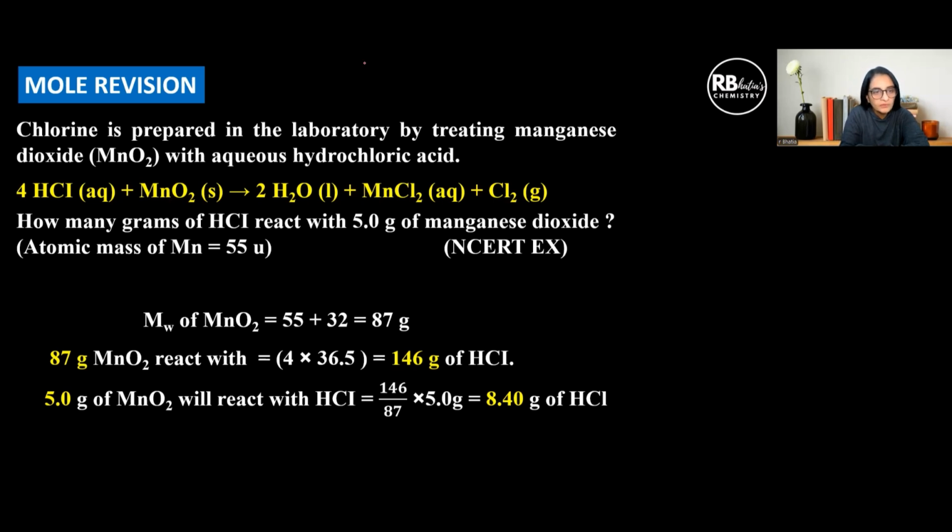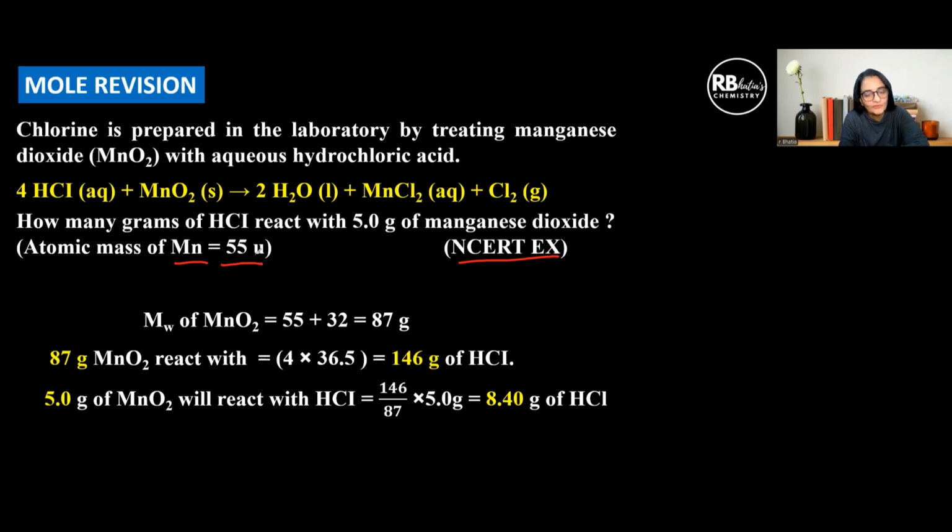So the equation is also given: 4 moles of HCl plus manganese dioxide to give water, MnCl2 and chlorine. How many grams of HCl react with 5 grams of manganese dioxide? This is an NCERT exercise question. Atomic mass of manganese is given to you as 55 u.